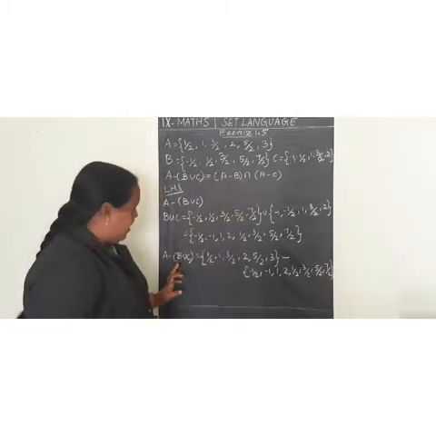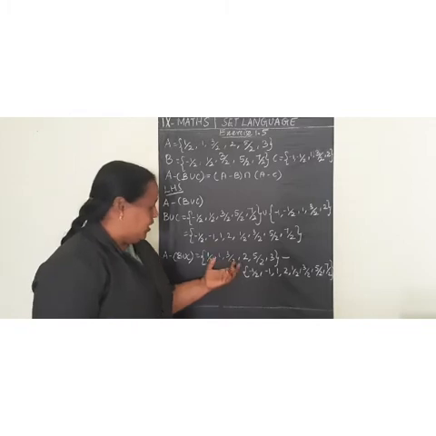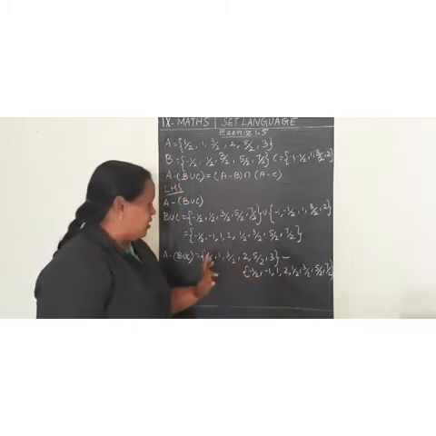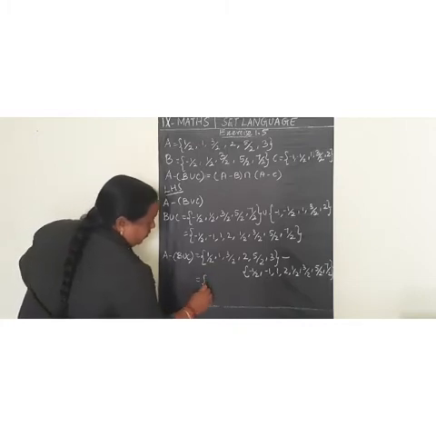Now A minus (B union C) means all the elements in the set A which are not in B union C.